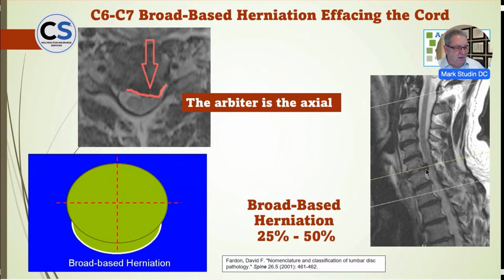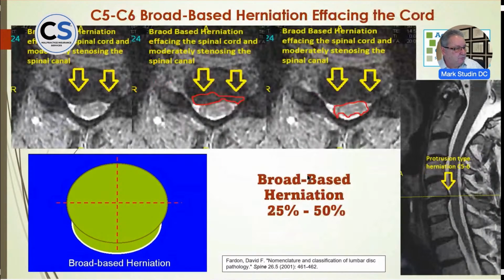I'll put laser on them. I'll do whatever I want. Symptoms might ease up. But if this is not fixed, this is going to die, literally die, and it's just not going to come back. That's a clinical decision you have to make. I've made my decision, and my decision is I want to get them after that part is fixed and it's decompressed. That's a little bit too far gone for my comfort level.